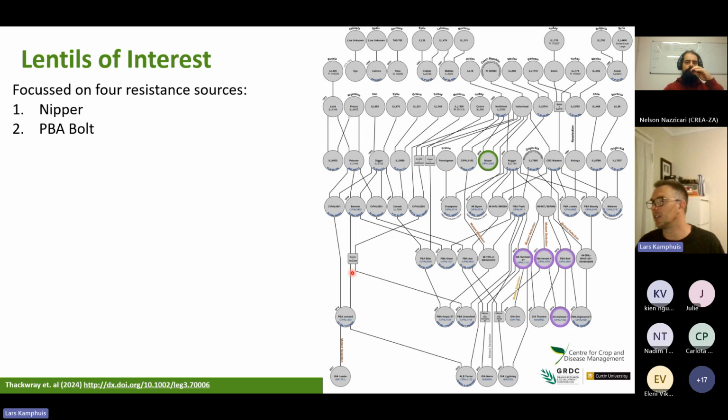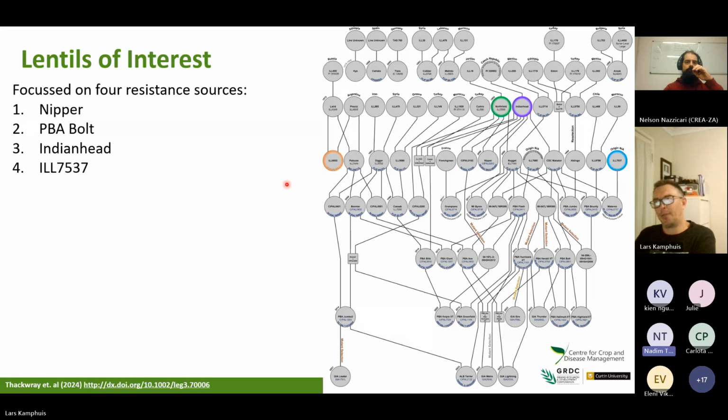The purple lines indicated here all carry that same resistance source. Indian head, which is a different resistance source again, and then ILL-7537 in this corner here. And then there is ILL-6002, which is highly susceptible to both pathotype 1 and 2 of Ascochyta lentis.